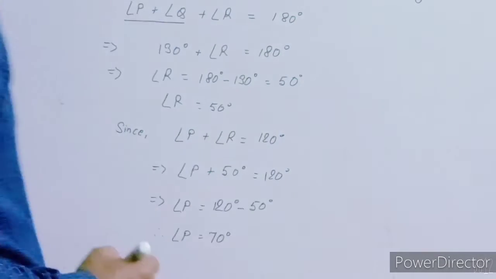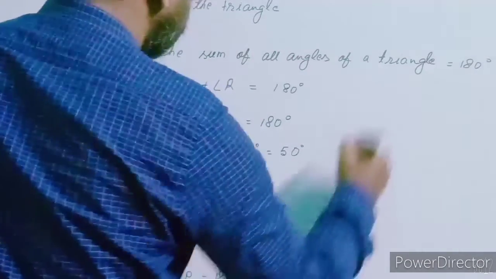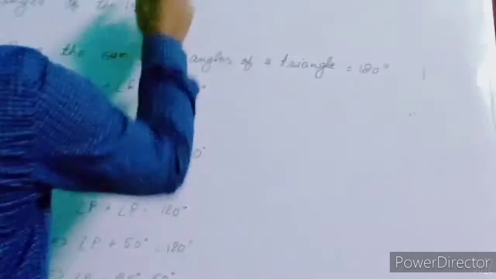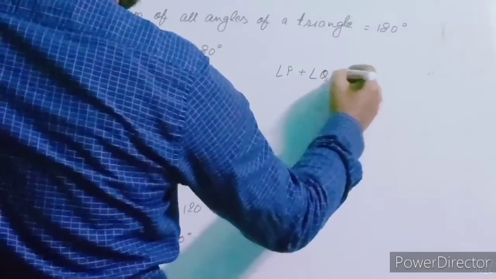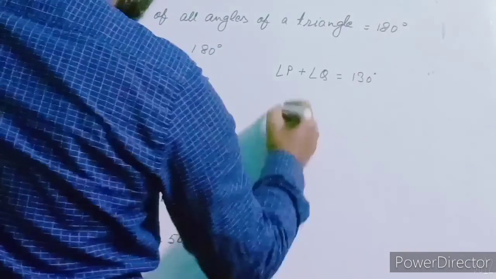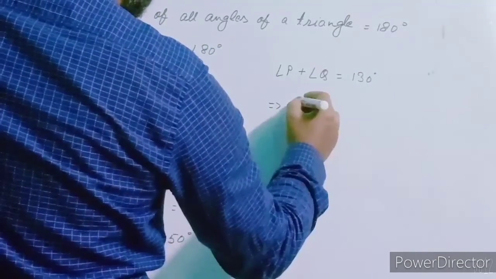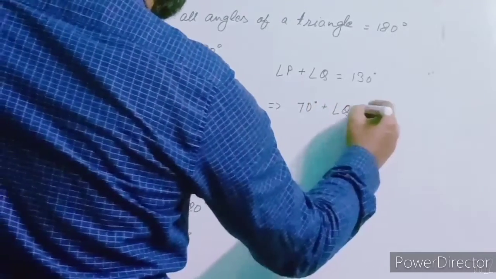Now, one angle is left, that is angle Q. We come to this equation, angle P plus angle Q equal to 130 degree. Here, angle P is 70 degree plus angle Q equal to 130 degree.